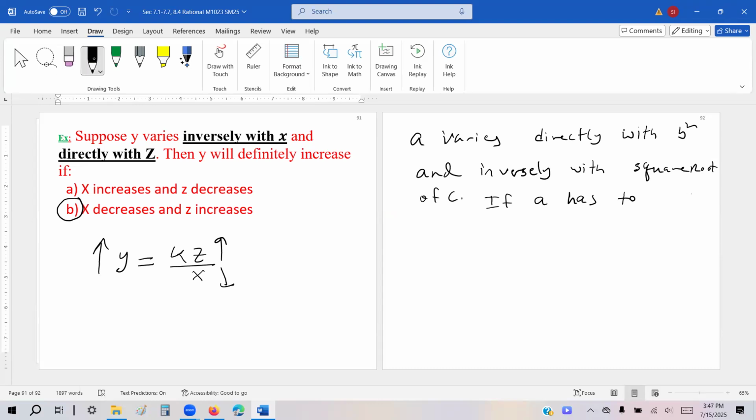If A has to decrease, then how will B and C change?